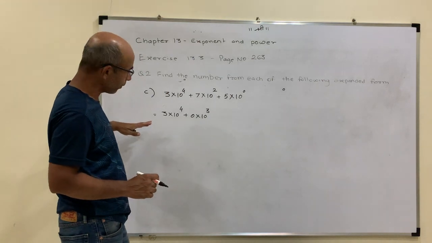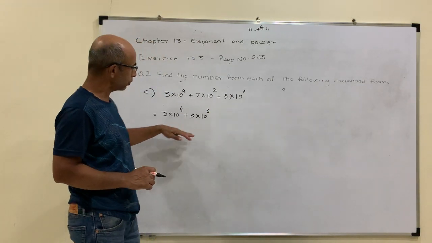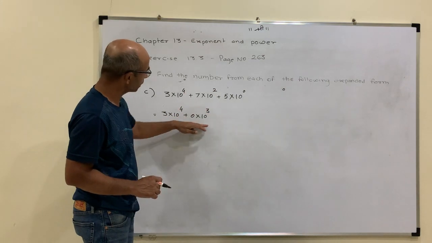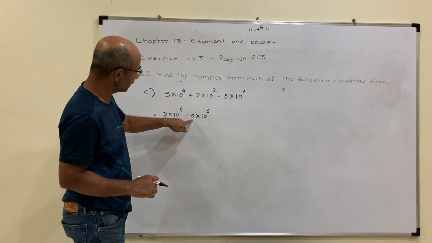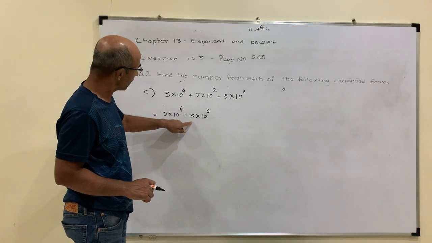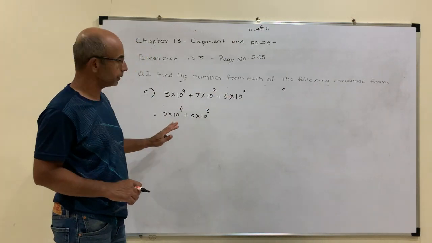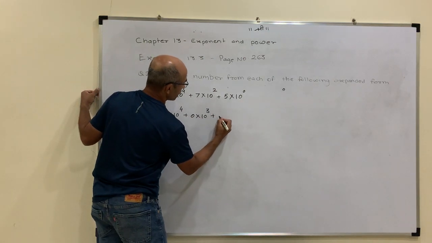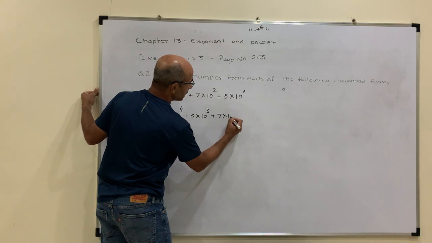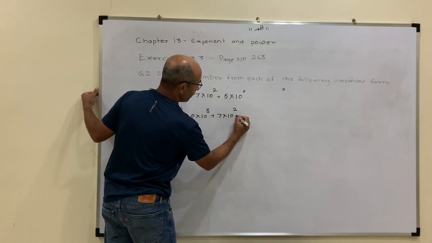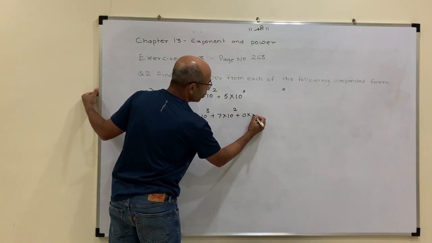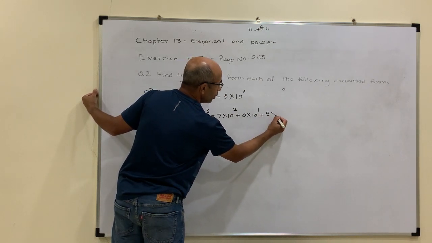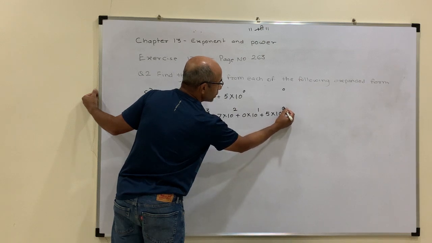To have the problem in a similar manner to the way we solve it, we add the powers of 10 which are not given in the original problem. But since we are multiplying it with 0, the value of the number doesn't change. So 0 into 10 raised to 3 plus 7 into 10 square plus 0 into 10 raised to 1 plus 5 into 10 raised to 0.